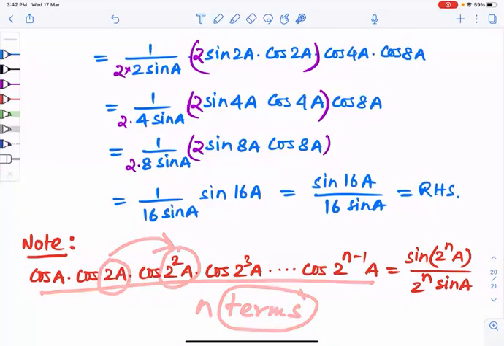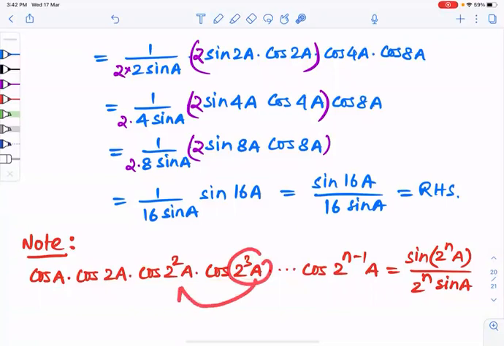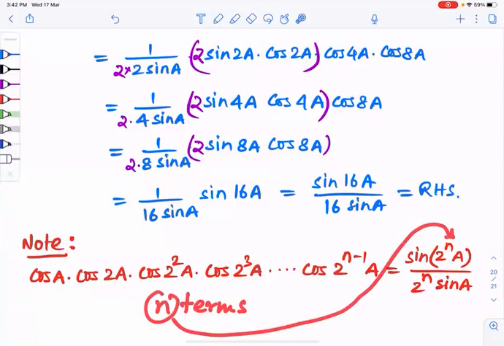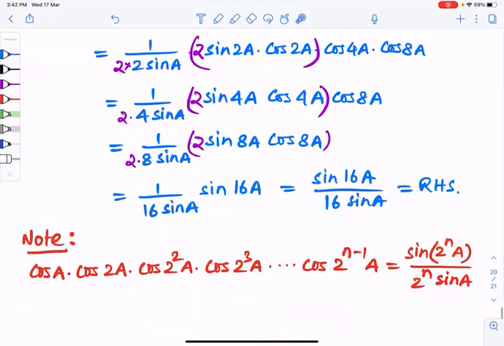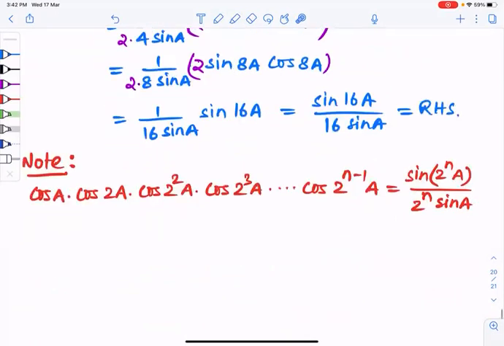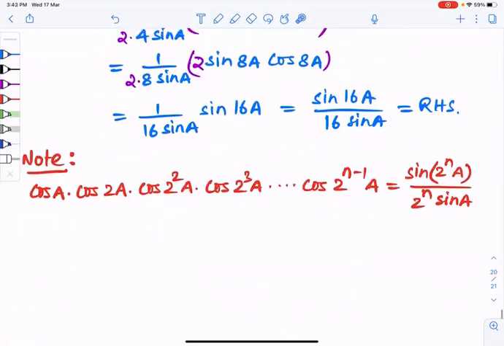So if there are n terms, then that same n will go to the power of 2 here and here. That is how you can remember. Okay, so this is one of the applications of the multiple angle formula.